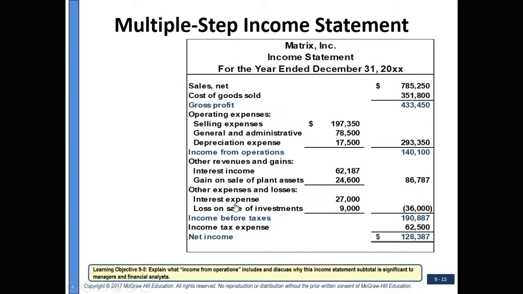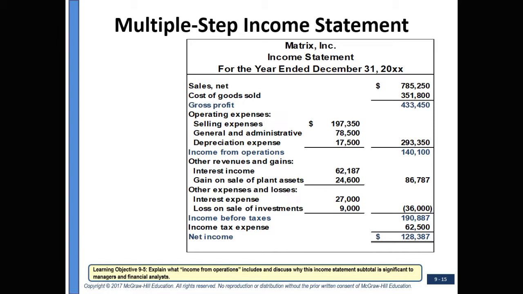These other components down here on the bottom are things that are not as controllable by management from a day-to-day basis, such as loss on sale of investments, your interest expense, your gain on sale of plant assets, any interest income. All these are ancillary to central operations. How is management performing its job? Are they doing what we expect them to do?